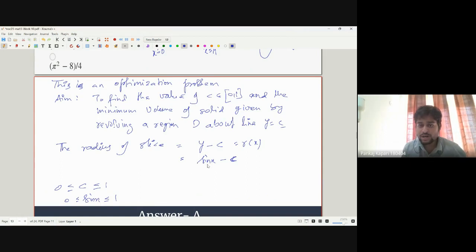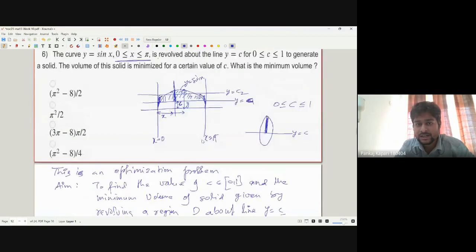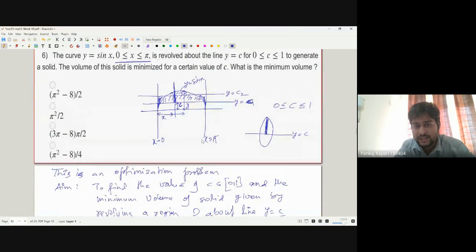That means we don't know if sin x is less than c or greater than c. It can be anything, because your line can be this higher one, y equal to c2, and then your distance may be very large, up to this point.